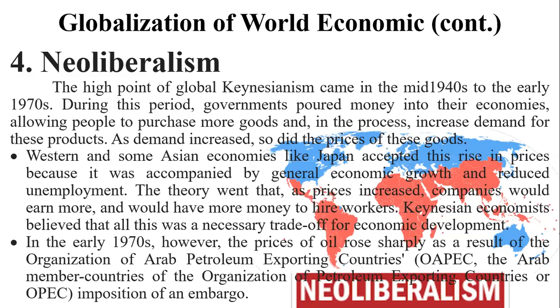Also, prices of oil rose sharply because of the Organization of Arab Petroleum Exporting Countries. The best example is Saudi Arabia, which has a lot of oil or petroleum. But now Saudi has little oil left, so they used the money they earned from oil to build many buildings to attract tourism. Tourism is now their focus.